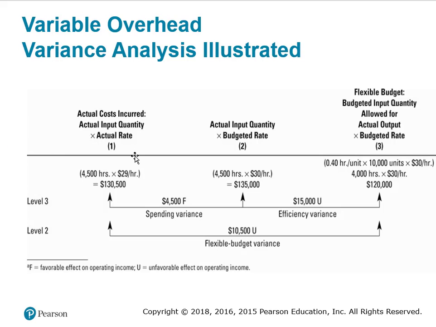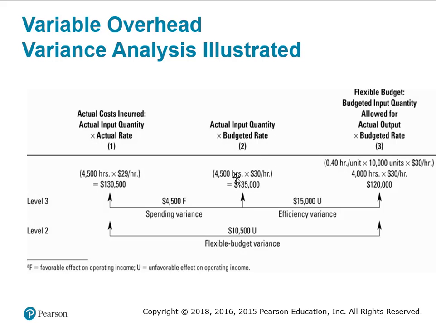We're going to take these variances and break them down. The first we've got is our total flexible budget variance, from actual to the flexible budget, and then we break it down between spending and efficiency. This is spending because the only difference here is the rate per hour. So $29 per hour, and the budgeted rate here is $30 per hour.